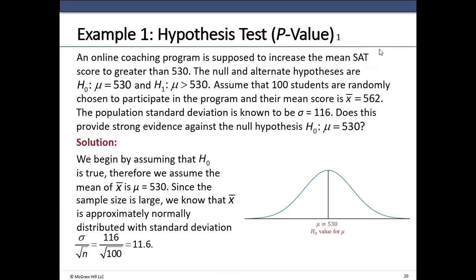The value in the null hypothesis, 530. What is sigma? Population standard deviation, which is 116. What is the sample mean? It is 562, x bar. What is the sample size? 100. What is the alternate? Greater than. So bring the cursor on greater than 530 and hit enter, and go down to calculate and hit enter.